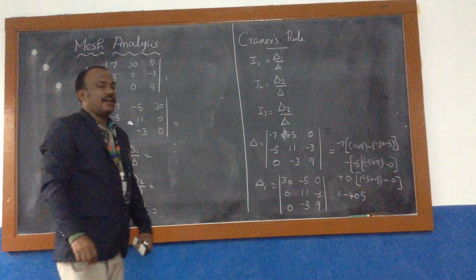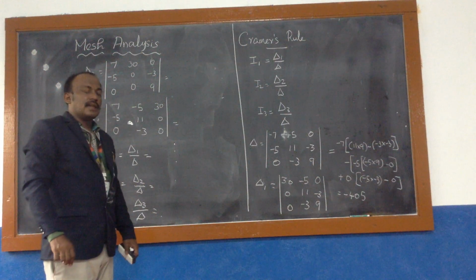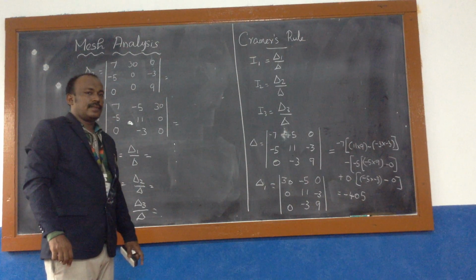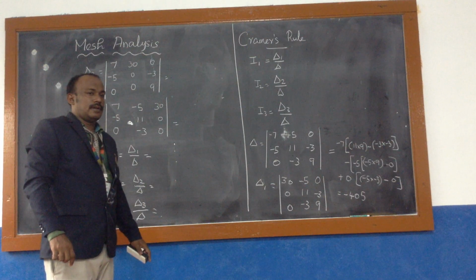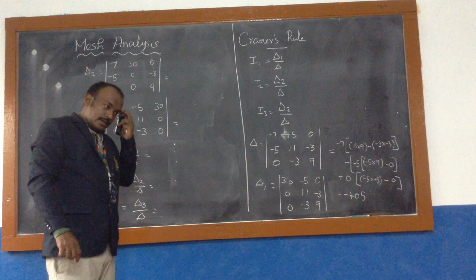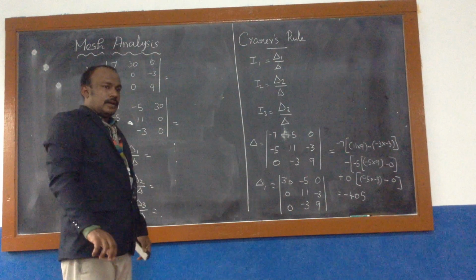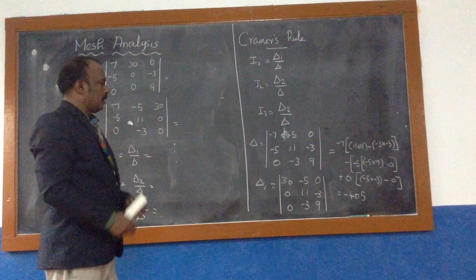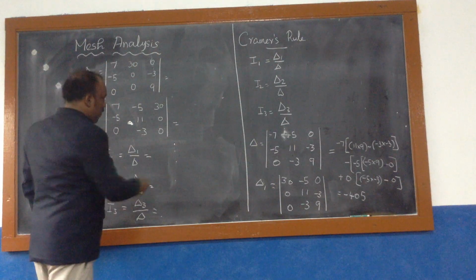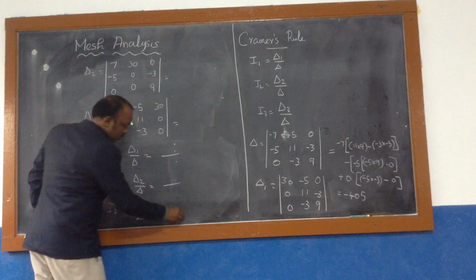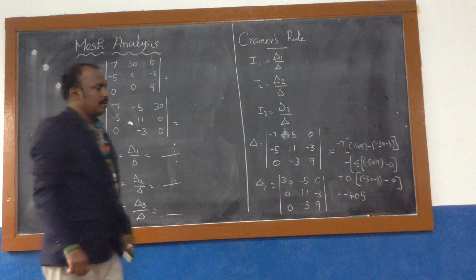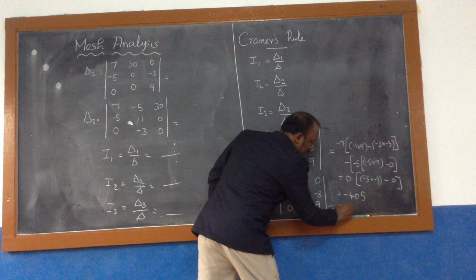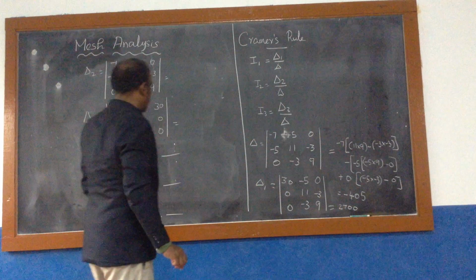In the same way, we can calculate del 1, del 2 and del 3. So the del value for all the values are the same. 2700. And the del 1 value will become 2700. So the current value will be.